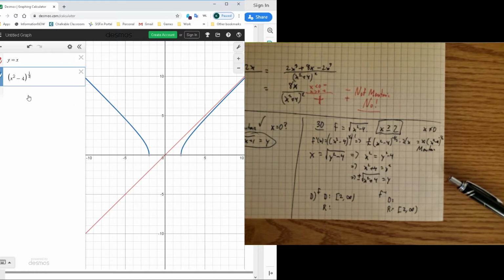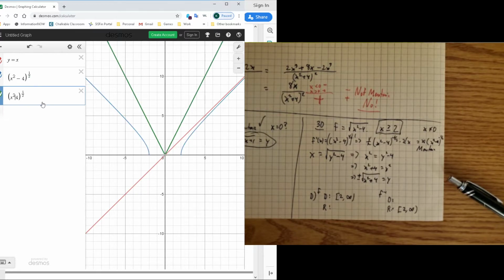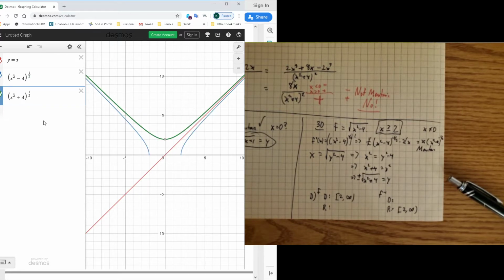Interesting. Okay. And my other one is the same basic function, but with a plus sign. Wow.